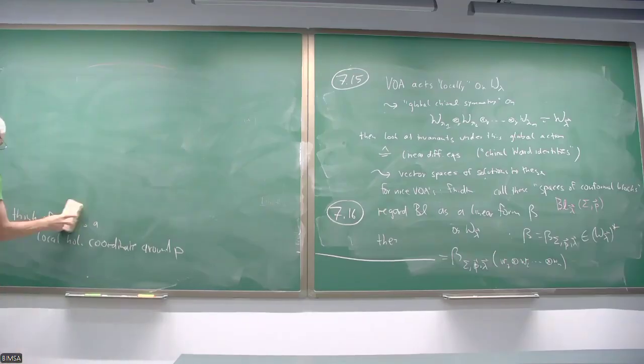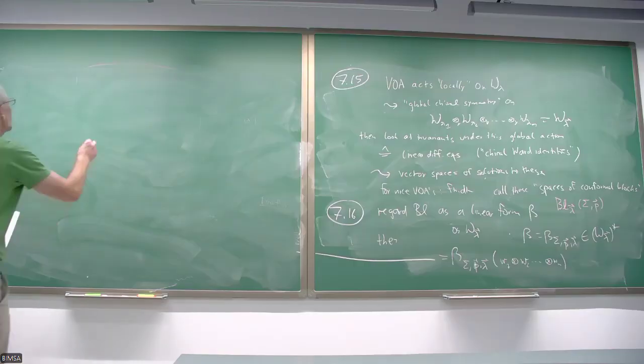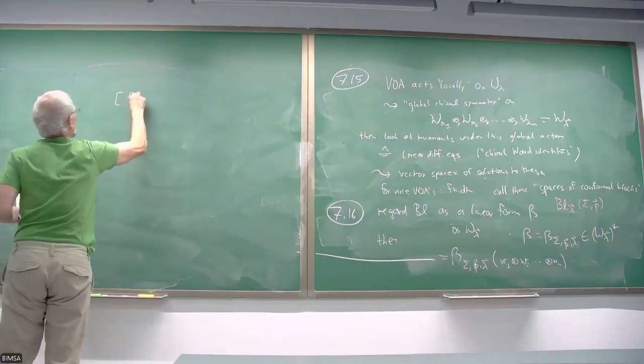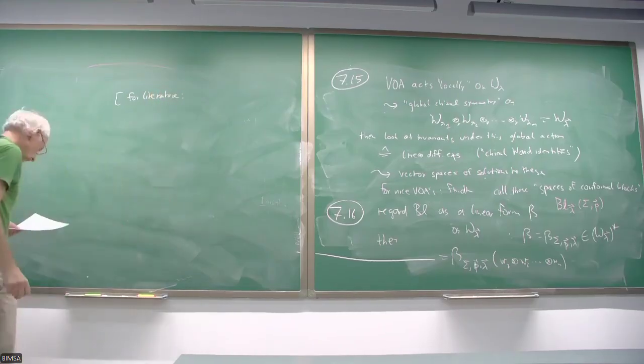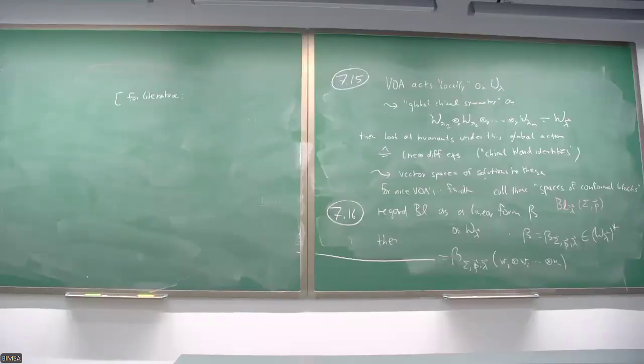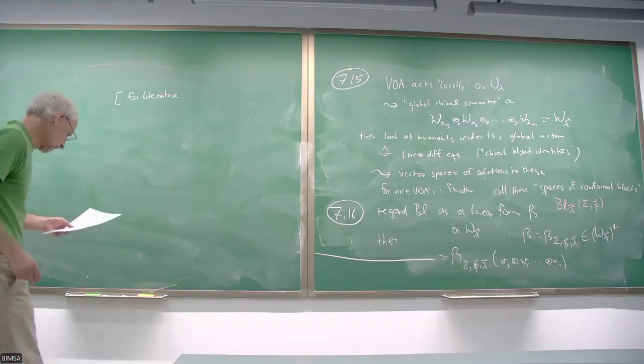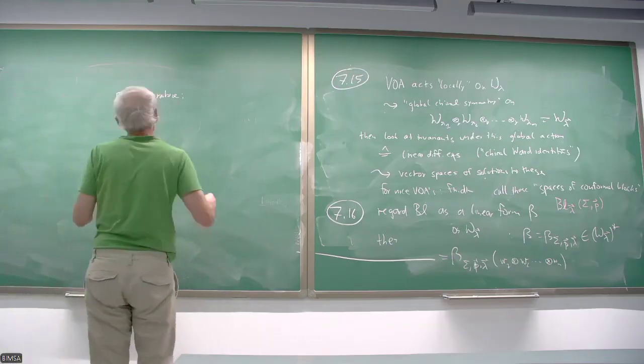I should say that nowadays quite a bit more is known. There are ideas using bundles of vertex operator algebras, or a notion called chiral Lie algebras. And I will not even try to define what this is.